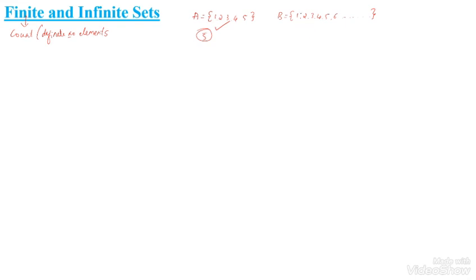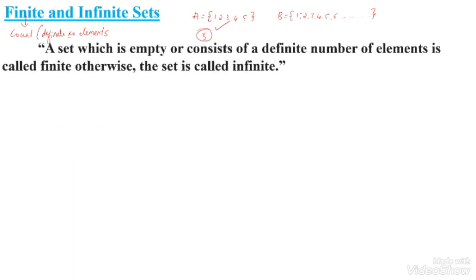Now based on these examples, observe the definition. A set which is empty or consists of a definite number of elements is called finite. If a set is said to be finite, then it may be an empty set or it contains a finite number of elements.